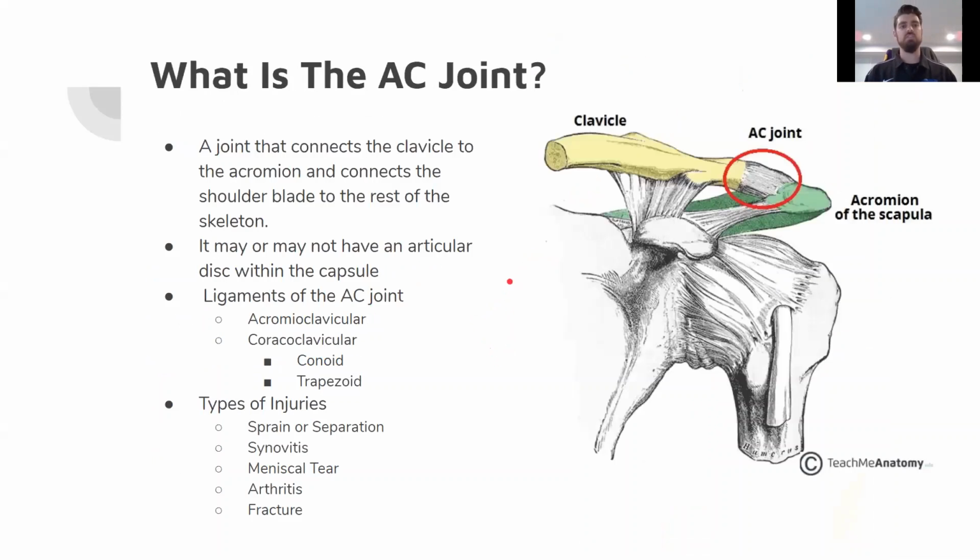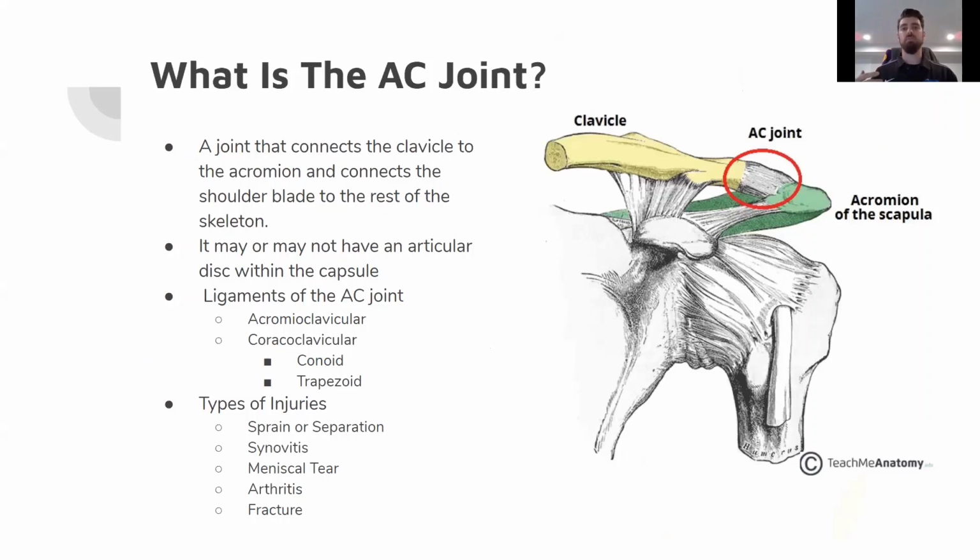So what is the AC joint? It's a joint that connects the clavicle to the acromion and connects the shoulder blade to the rest of the skeletal system. We say that because the shoulder blade itself, even though it runs across the rib cage, is not actually attached to any bony structure.